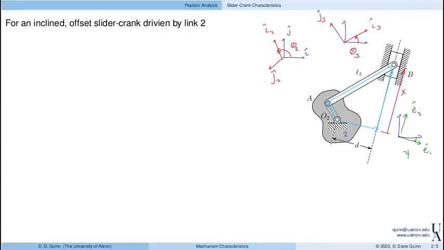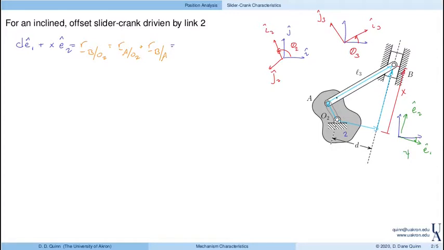So our loop closure equation can be written as R of B with respect to O2 is R of A with respect to O2 plus R of B with respect to A. Now, using these links, directions and coordinates that we've defined, the position of B with respect to O2 can be written as D in the E1 direction plus x in the E2 direction.